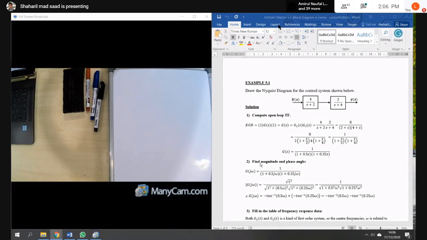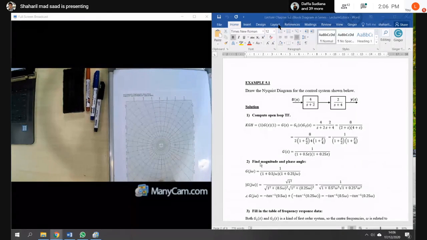I hope you already printed out the Nyquist diagram. Right here is the Nyquist diagram, so we are going to draw what we call the Nyquist plot.